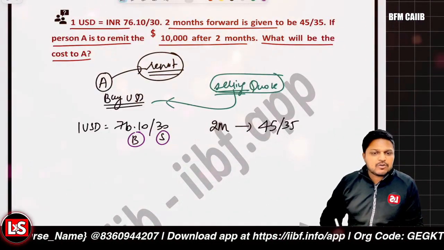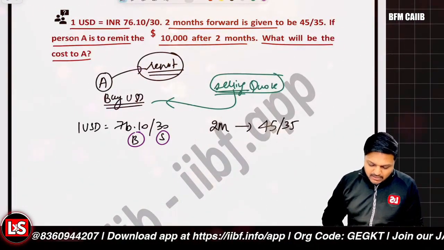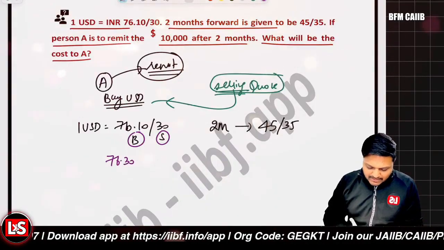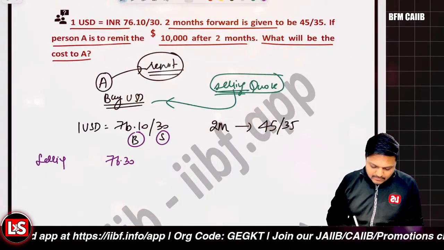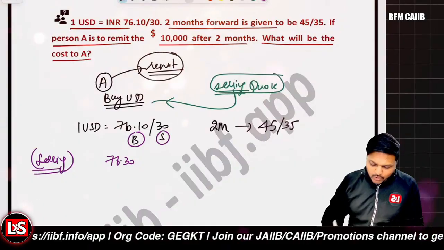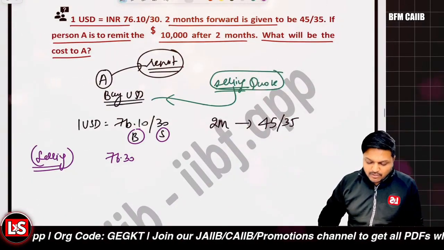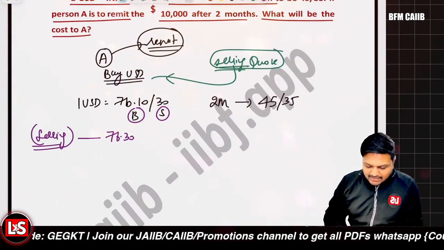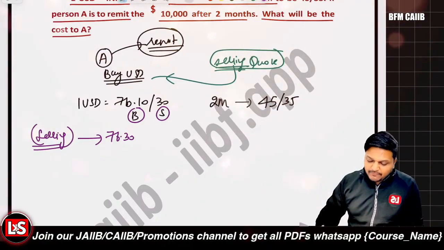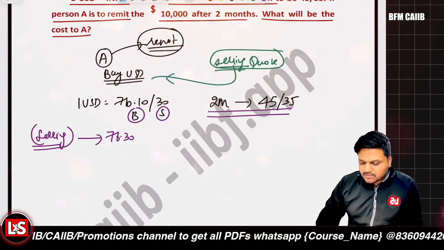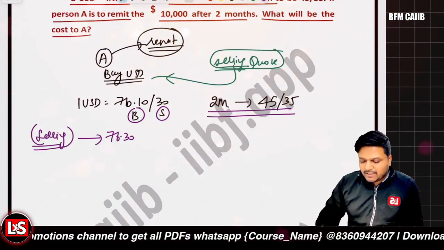So it is the selling cost which is to be given now. So it is 76.30. That's the selling rate. The selling rate is to be considered. I told you why the selling rate is considered, because the selling cost is to be given. So the selling rate is 76.30. And if we look at the forward points after 2 months, there is a decreasing trend from left to right.